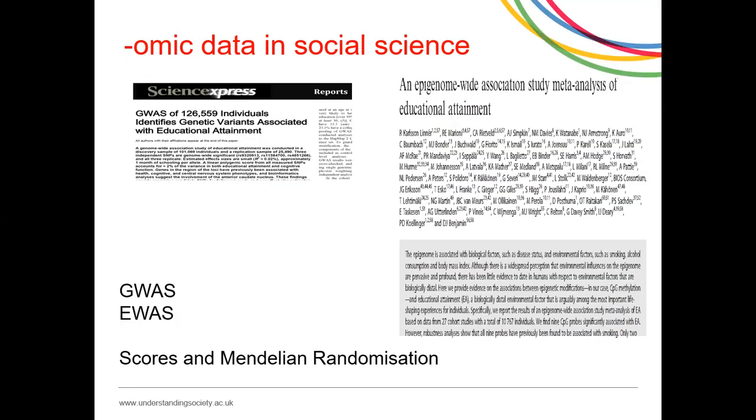What we're going to talk about next is this omic approach to analysis, and what has been done with that in the social science setting. There have been genome-wide association studies of things like educational attainment and risk behaviors such as smoking and alcohol intake, and people have created scores from those.